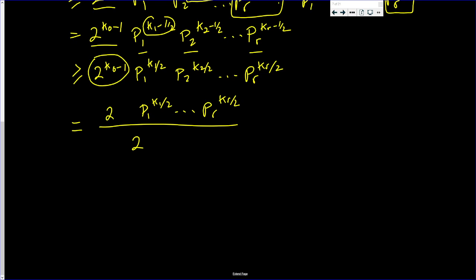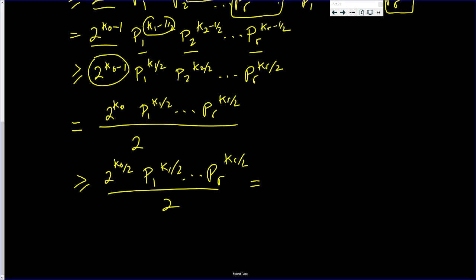So that's just going to be 2 to the k sub 0. But that's bigger than 2 to the k sub 0 over 2. And everything else is going to stay the same, pr to the kr over 2, all over 2. Well, here's the over 2. That numerator is simply the square root of n.